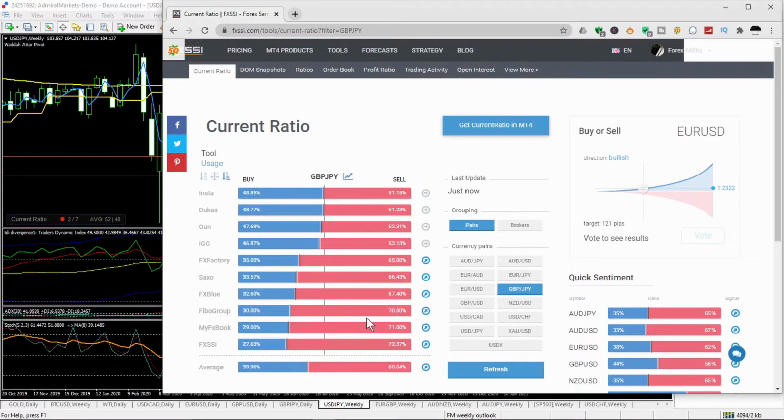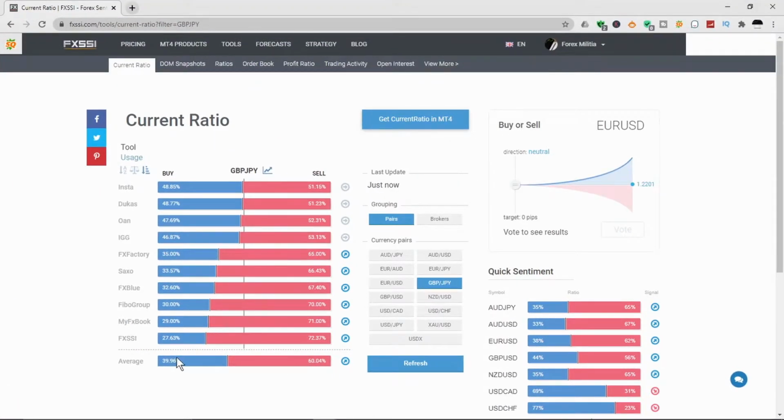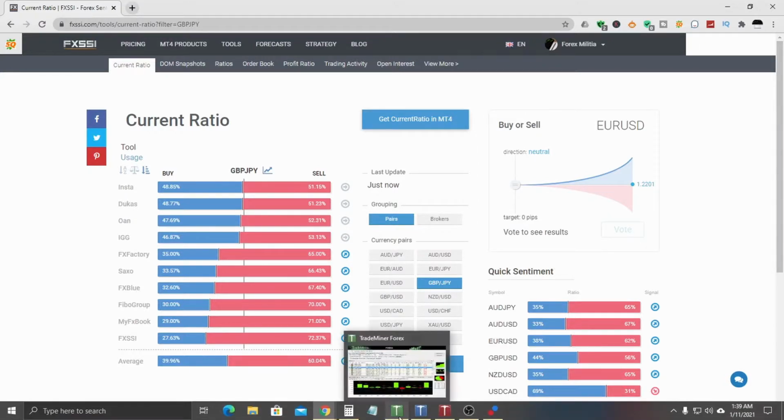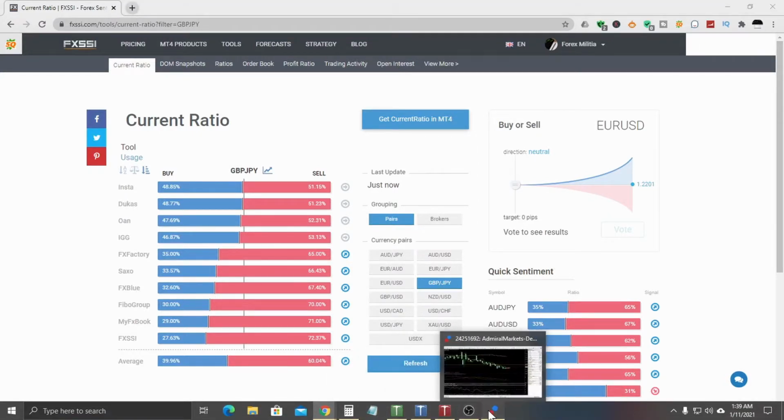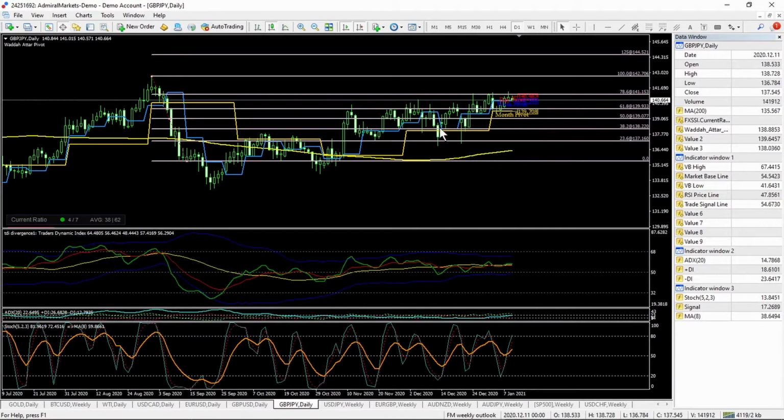You have a 60, basically 40 split. 39, right? 60, 40, 39. And the sentiment, the short term, has this going long. And that's exactly what I have going on over here on the chart analysis, the technicals.